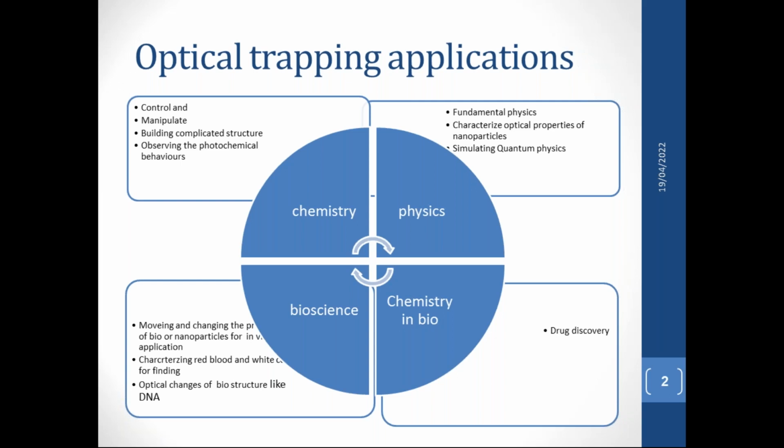It helps in controlling and manipulating nanoparticles, and in building complicated structures such as nanorings. It is also helpful in observing the photochemical behaviors of nanoparticles. In physics, it helps in observing fundamental physics and characterizing optical properties of nanoparticles.